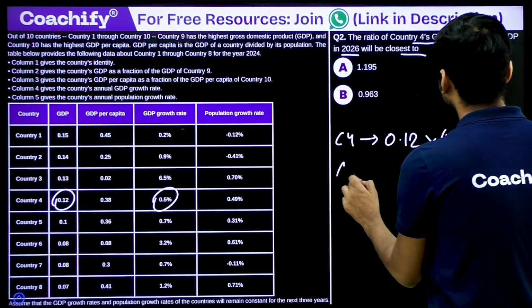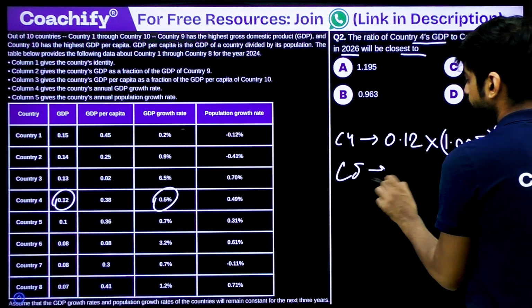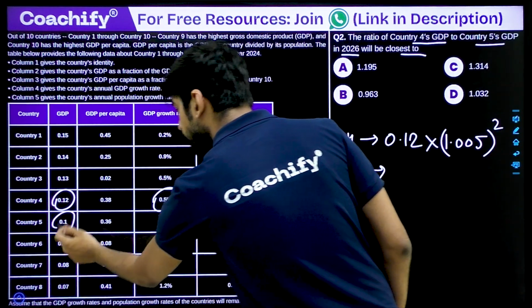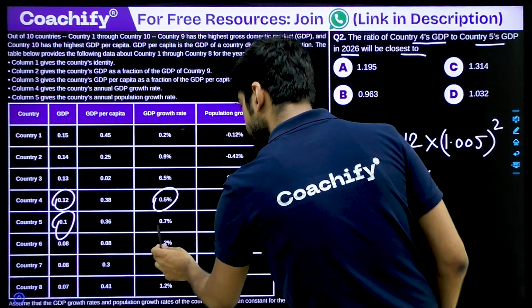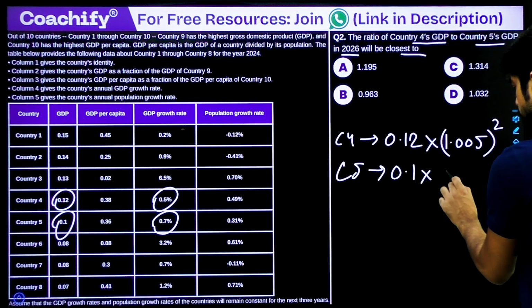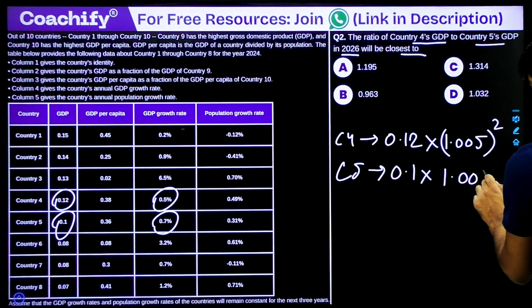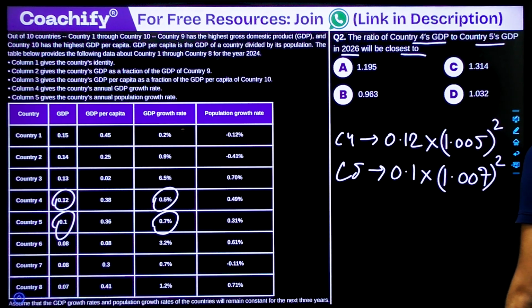Similarly, for country 5, the current value is 0.1 and the growth rate is 0.7%. That means 1.007 to the power 2. Now all we need to do is find this ratio.